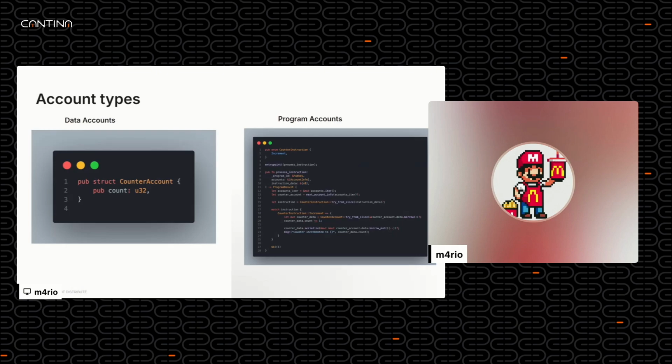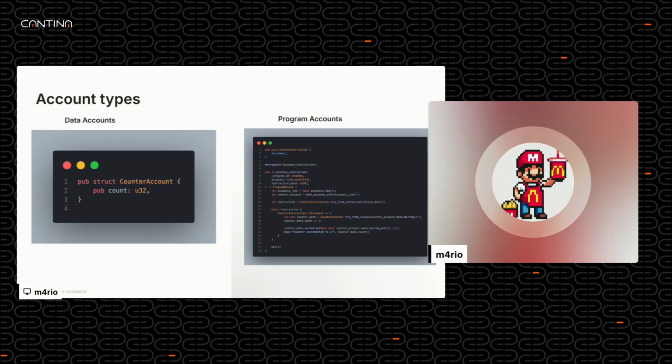For example, we can see how this is set up in Solana code itself, right? This is just an illustration, not the actual way you write this account. You can think of the data account as a struct which stores some data.